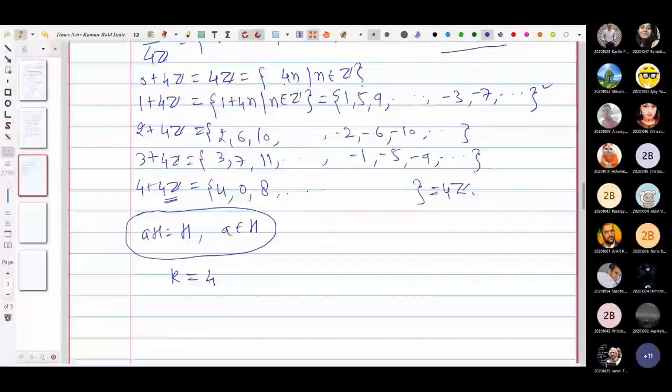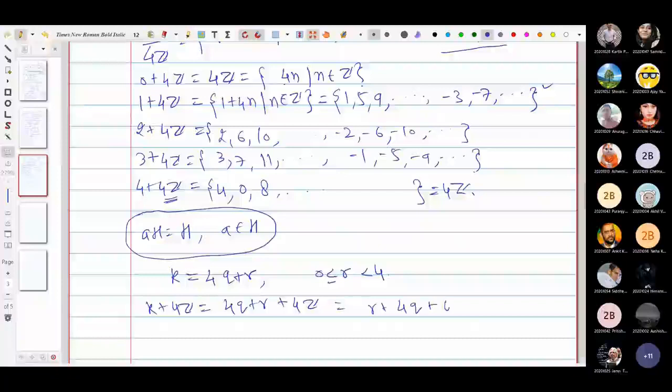So k plus 4z equals 4q plus r plus 4z, which equals r plus 4q plus 4z. So 4q is a multiple of 4, and this will be absorbed here.